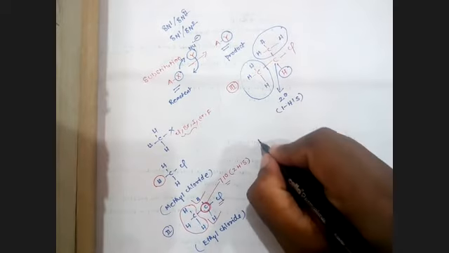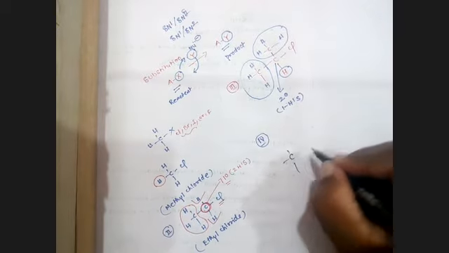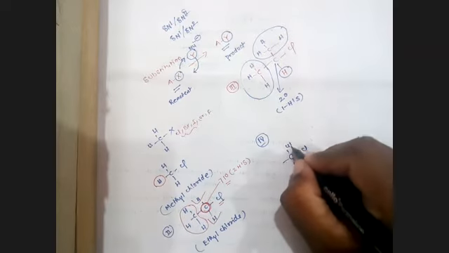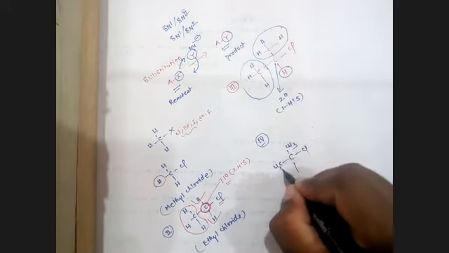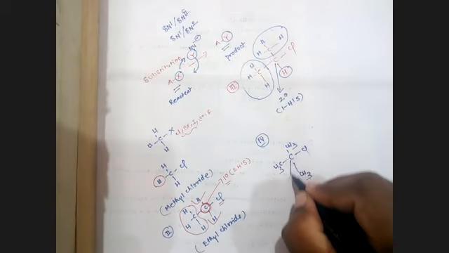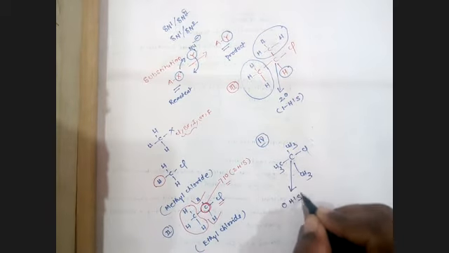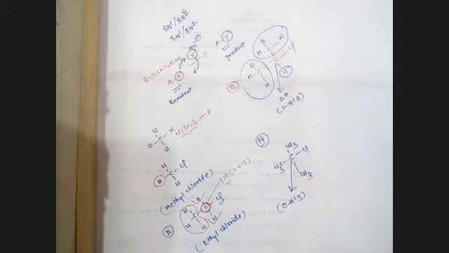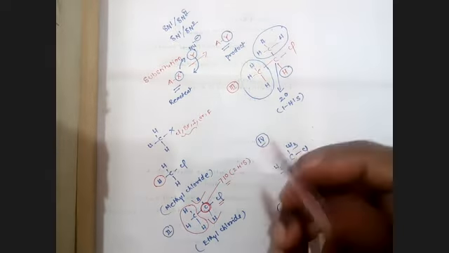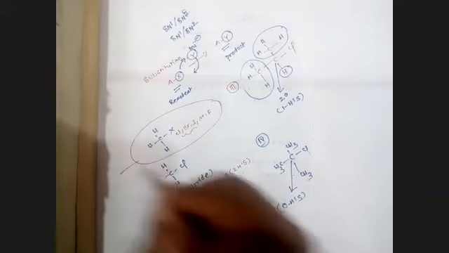Next, tertiary alkyl halide. Here we have CH3, CH3, and CH3, and this carbon doesn't contain any hydrogen, that means zero hydrogens. So what are primary, secondary, and tertiary alkyl halides? Number one is methyl halide.